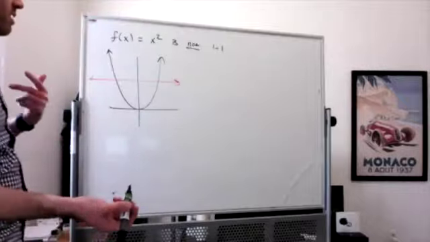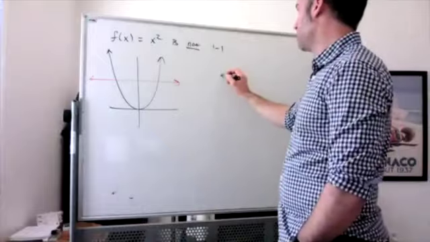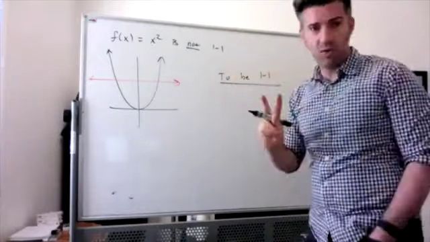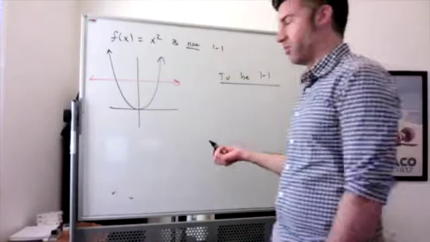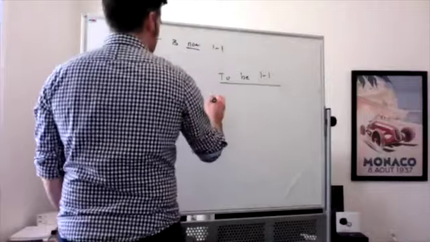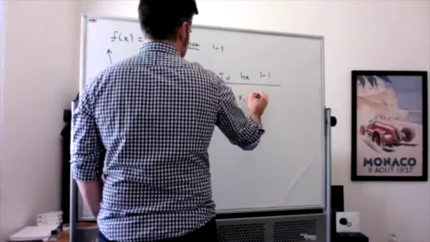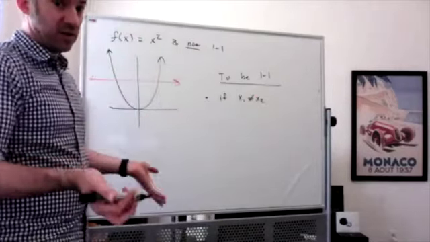We could also see it by noting that, to be 1-to-1, there's 2 ways of saying this. They're equivalent, but they look different. One way of saying it is if x1 is not equal to x2, so if you have different x values, the y values also have to be different.